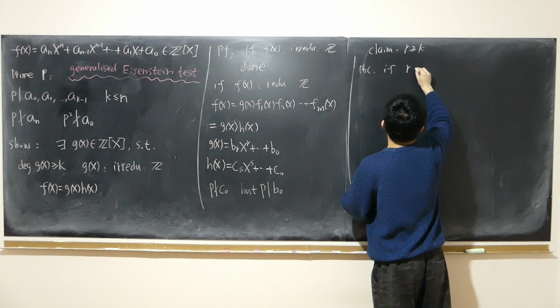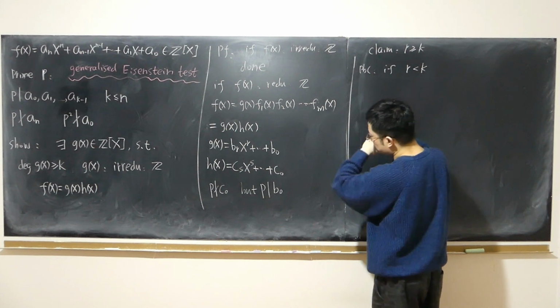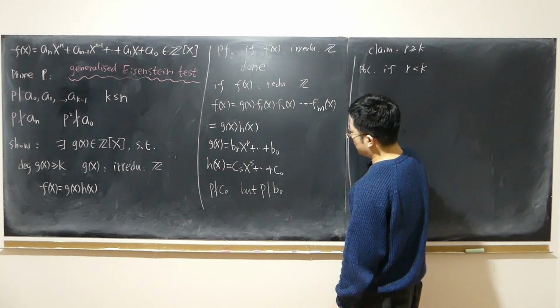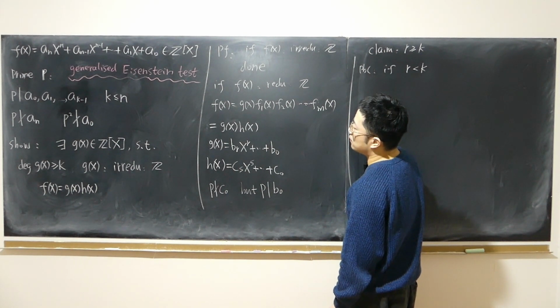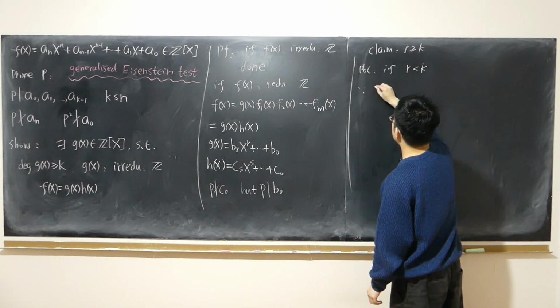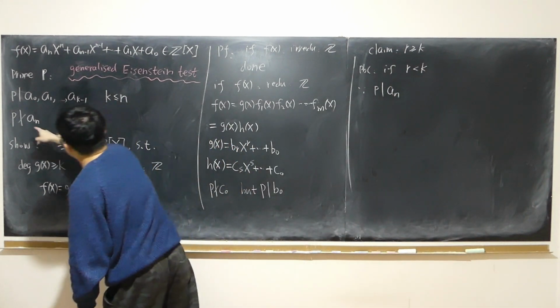If r is less than k, what's going to happen? Is there a contradiction? So right now we have, since P doesn't divide a naught... P doesn't divide a_n.